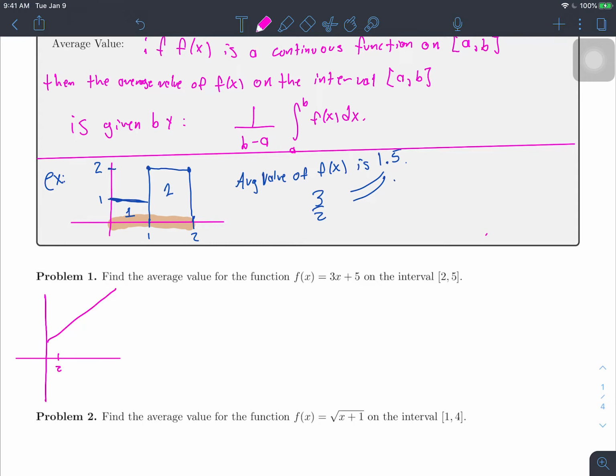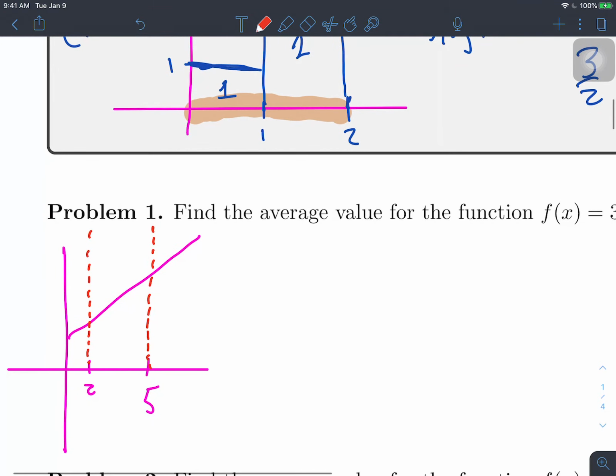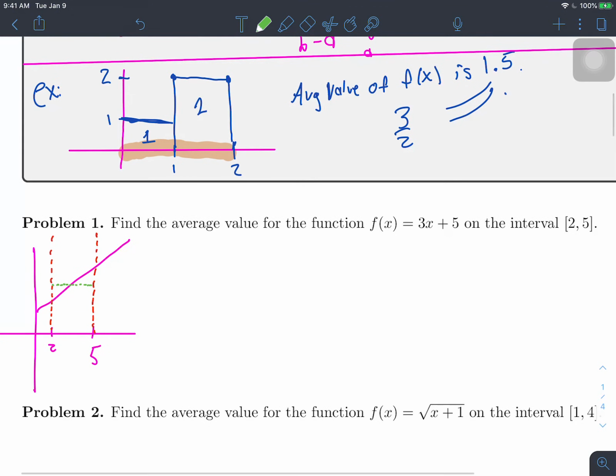And if here's 2 and here's 5, we're interested in understanding the average value of this function between these two goalposts, okay? So it's probably going to be something like right here, right? Kind of halfway up if we have a line. Okay? So this is the average.